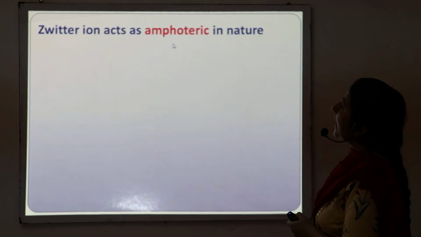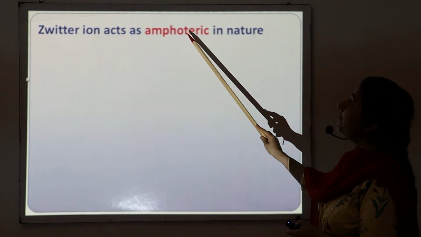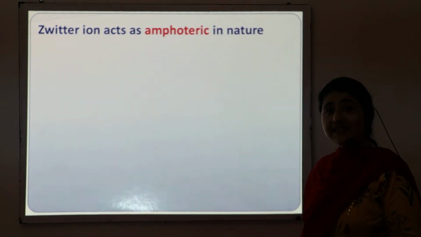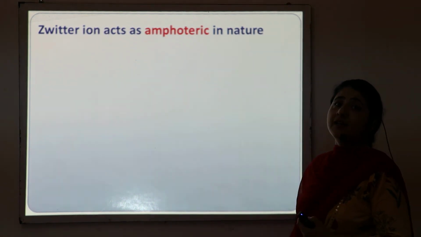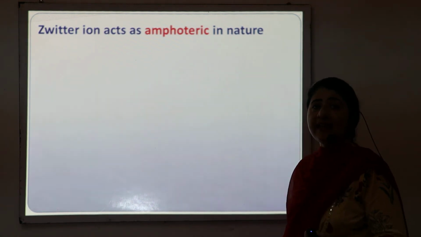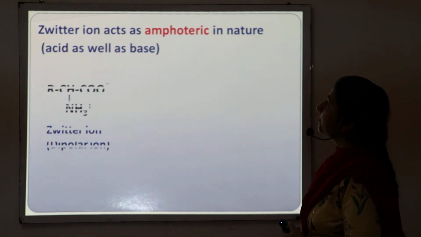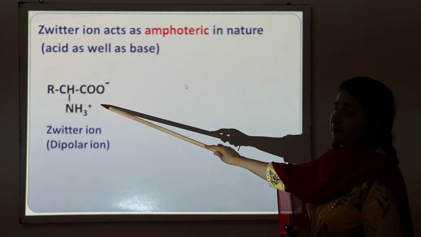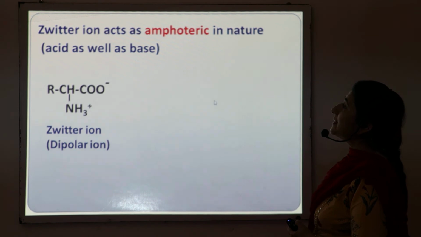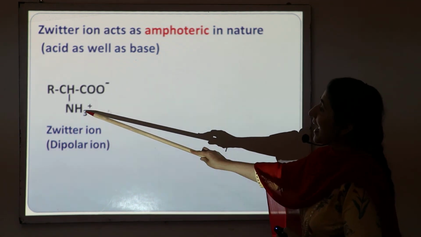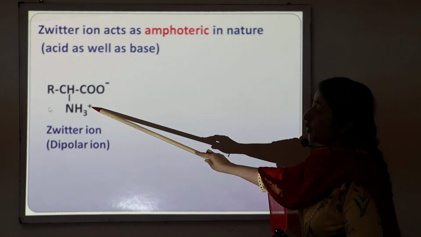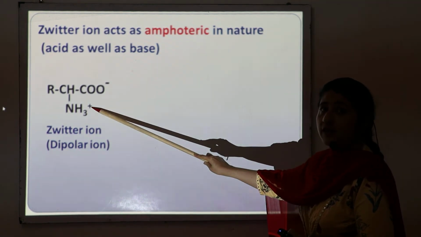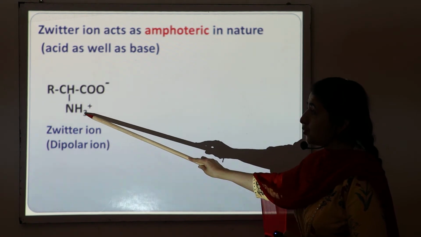This Zwitter ion is amphoteric in nature. Amphoteric means which acts as an acid as well as a base. It means Zwitter ion acts as an acid as well as a base. So we have a Zwitter ion or dipolar ion of alpha amino acids. In this case, the NH3 positive group has a tendency to donate the H positive to form a stable NH2 group.